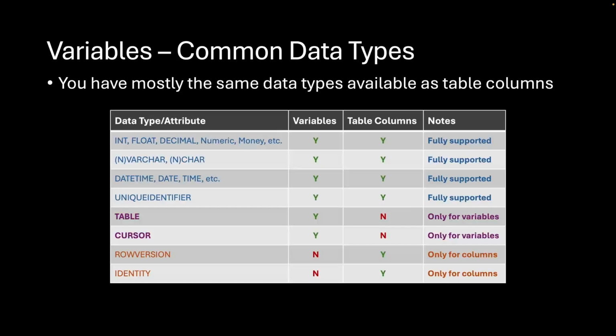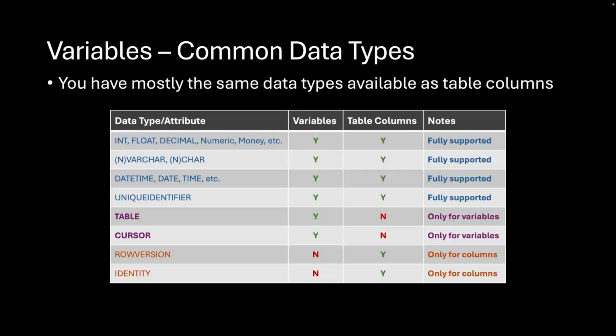Those aren't really data types, but they are properties that are only available to tables and not to variables, right? You can't set an identity 1-1 on a variable because it's not going to increment. However, going back to talking about the tables, and we'll talk about it more, you could do an identity property on a column within your variable table. That's totally allowed.